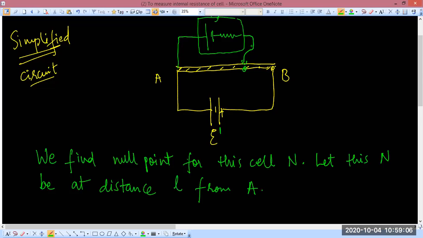I hope you understood what I've written here. We find the null point N for this cell. So let's say here is some null point N for the cell.